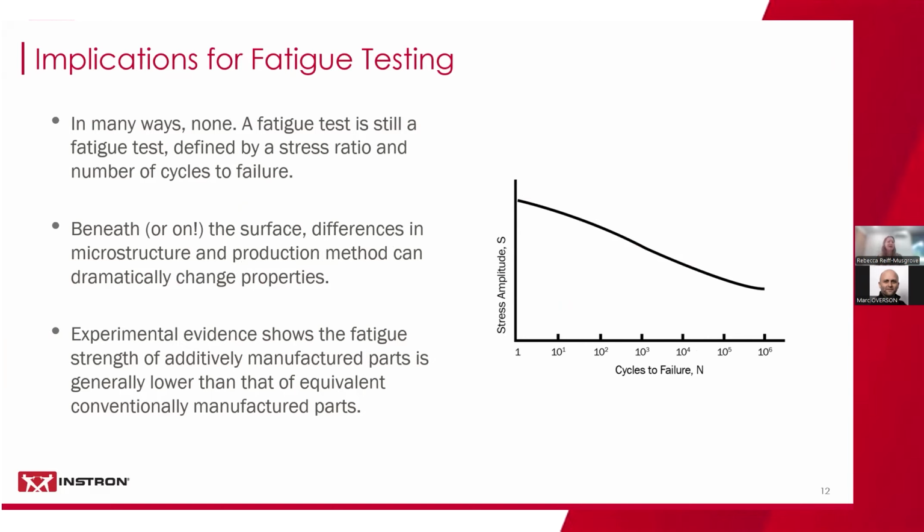The reason we talk about additive manufacturing in fatigue so much is that because of those defects, beneath or often on the surface, we get differences in microstructure and production that change the properties. And realistically, ultimately, we often see the fatigue strength decreasing. So this is definitely something we need to test for and know about before using these parts in industry and in structural use.